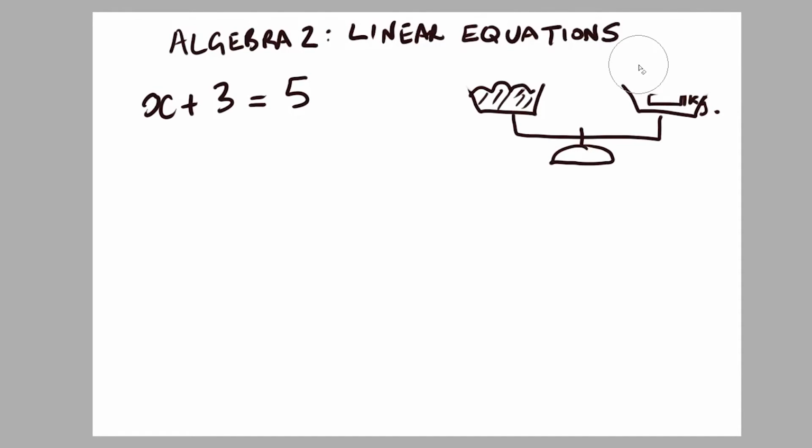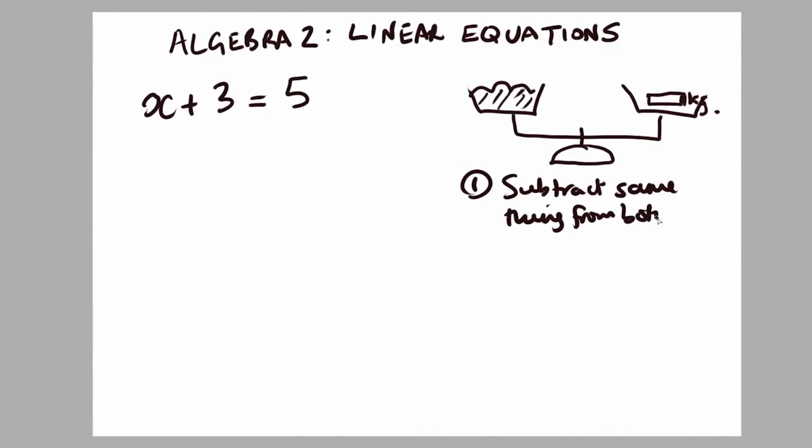Okay? Now this kind of leads us into two rules actually. The first rule is that I can subtract the same thing from both sides. And the second rule is that I can divide. And well, let's finish this first.